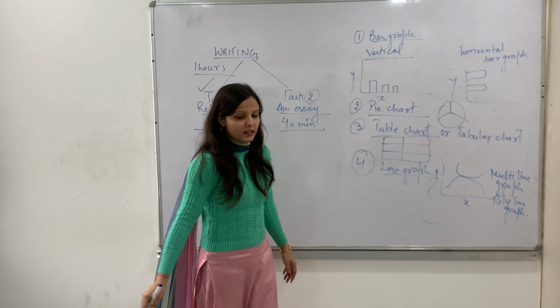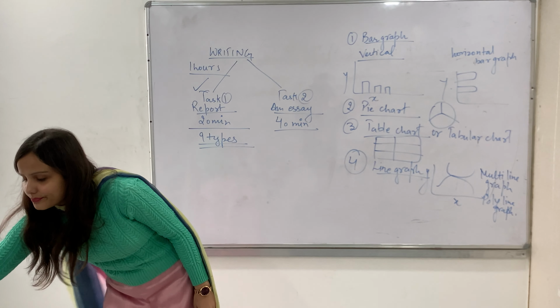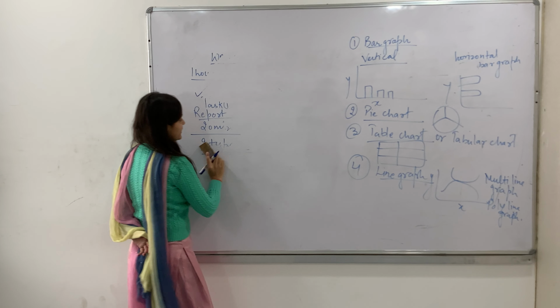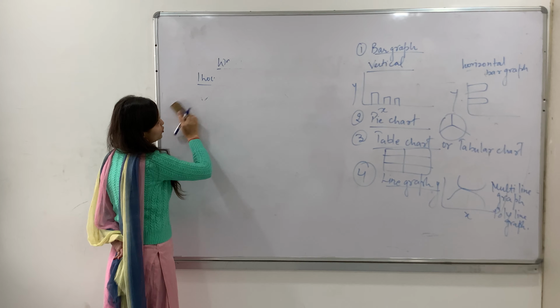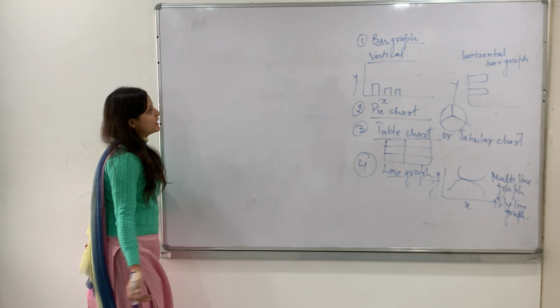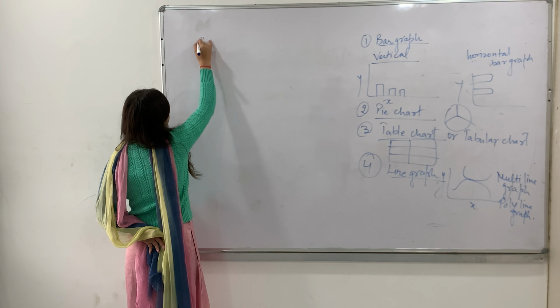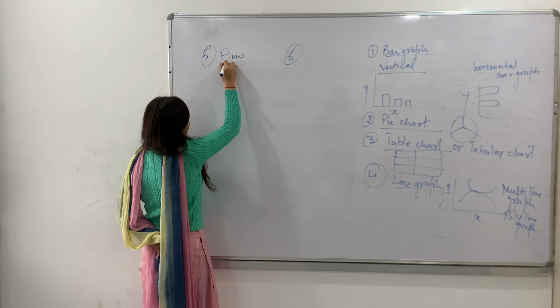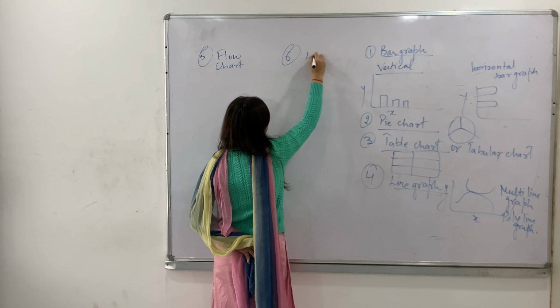Then the fifth type is the life cycle, and the sixth one is flowchart. Some students are confused about the flowchart and life cycle, so today I am going to clear that difference.